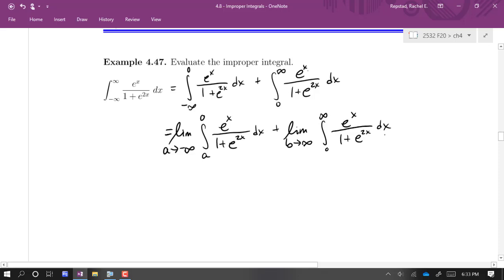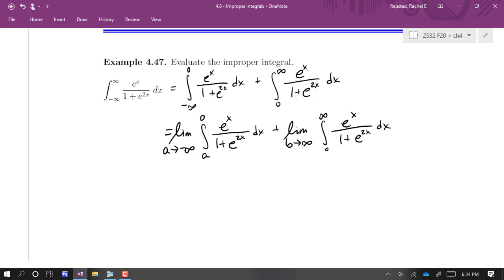Okay, so now I think what's next to keep working through this integral is to figure out how we integrate e to the x over 1 plus e to the 2x. And a little bit of playing around will, I think, reveal pretty quickly that this is an arctan form, right?